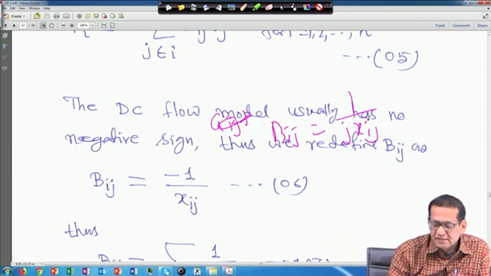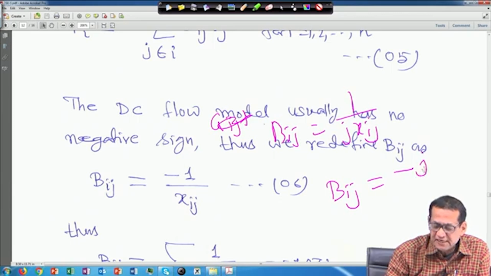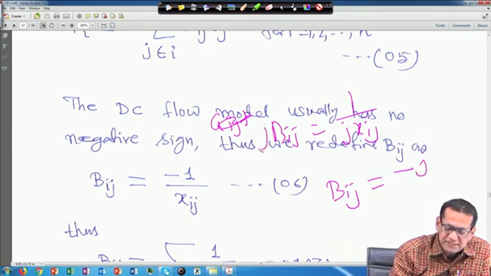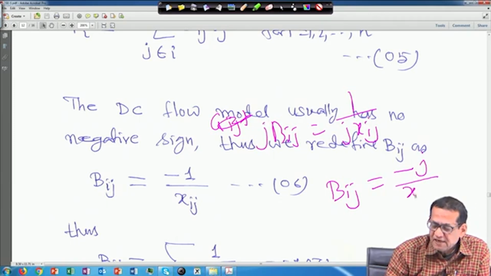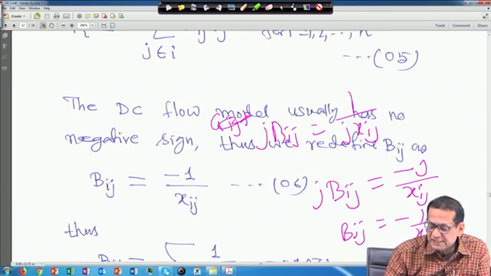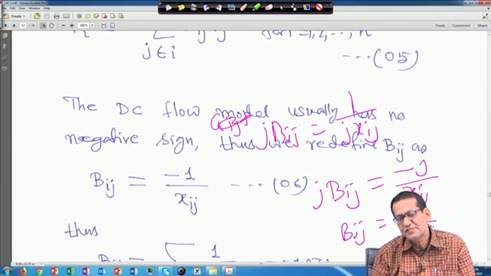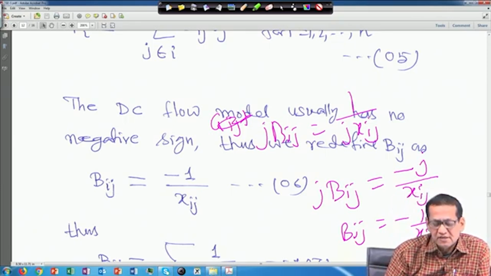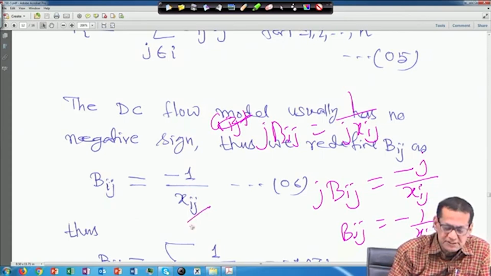Therefore, B_ij can be written as minus j upon x_ij, that means j cancels on both sides. So, B_ij will be minus 1 upon x_ij. So, this convention we will use same as before, although we took minus 1, but DC load flow usually has no negative sign, therefore we use this one.